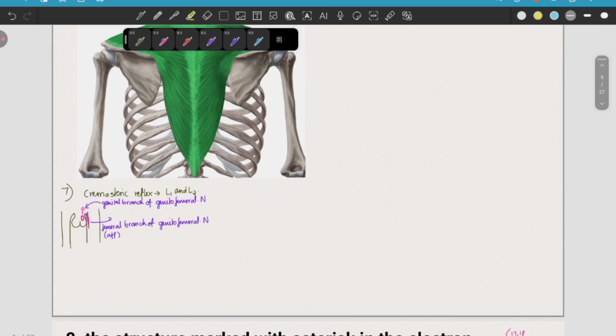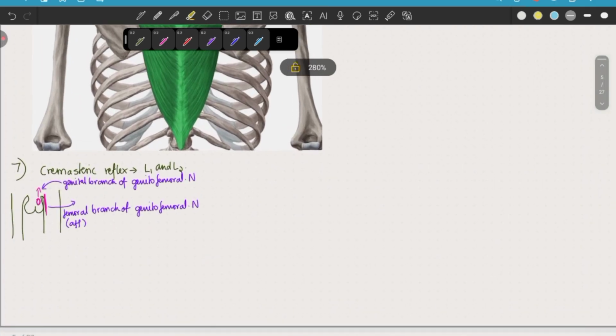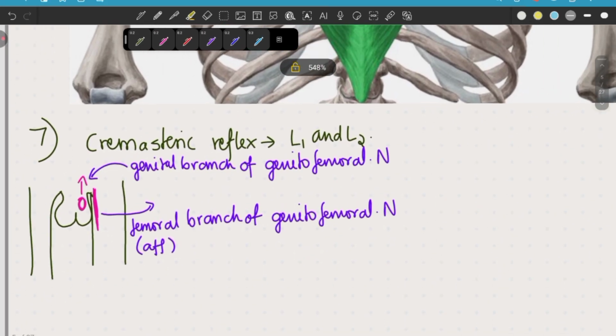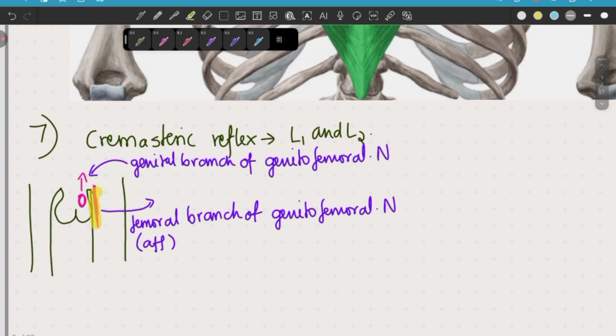Now, L1 and L2, which are those nerves? L1 and L2 branches are the genital branch of genitofemoral nerve and the femoral branch of genitofemoral nerve. When you stroke the medial aspect of the thigh, the femoral branch of genitofemoral nerve carries the afferent and the testicles will move upward.